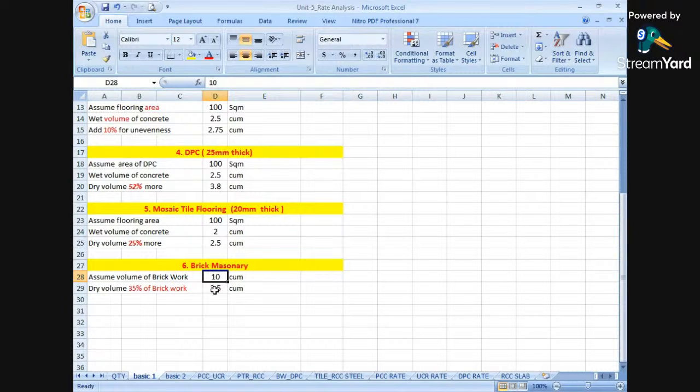That means 3.5 will be taken by mortar, and 6.5 cubic meters near about will be taken by the bricks. So the space required for the bricks is 6.5, and the material required is 3.5 cubic meters for mortar.